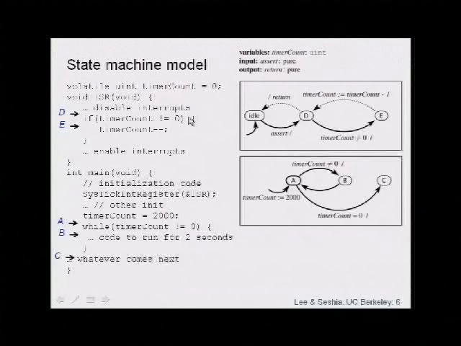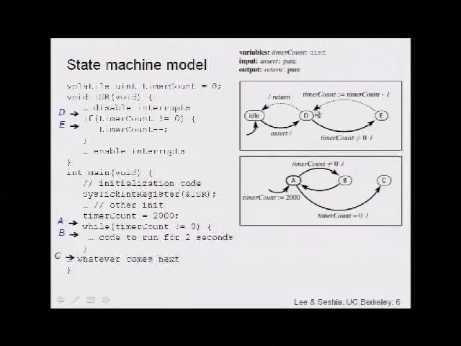On the other hand, if timer_count is not equal to 0, which means this condition is true, then it goes to location E. And from location E, it goes back, but the action it takes is it decrements the value of timer_count, and then it returns.